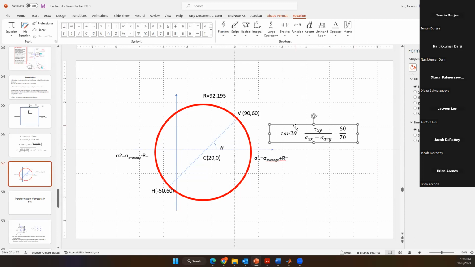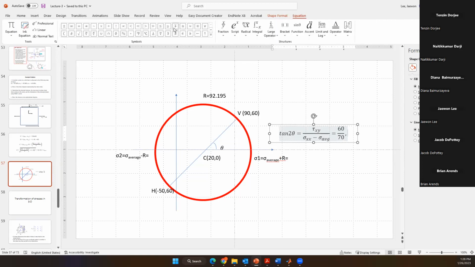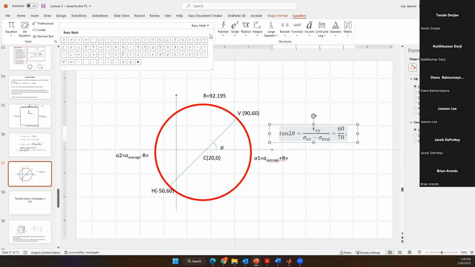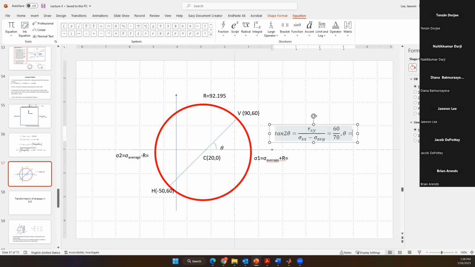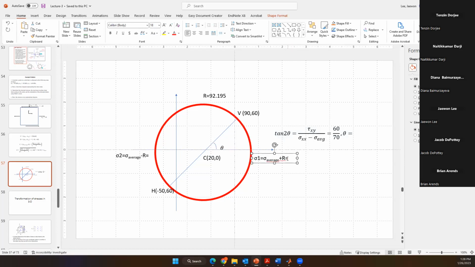So please calculate two theta. So you can do this one and this. What's the value of the sigma 1? Do you know?